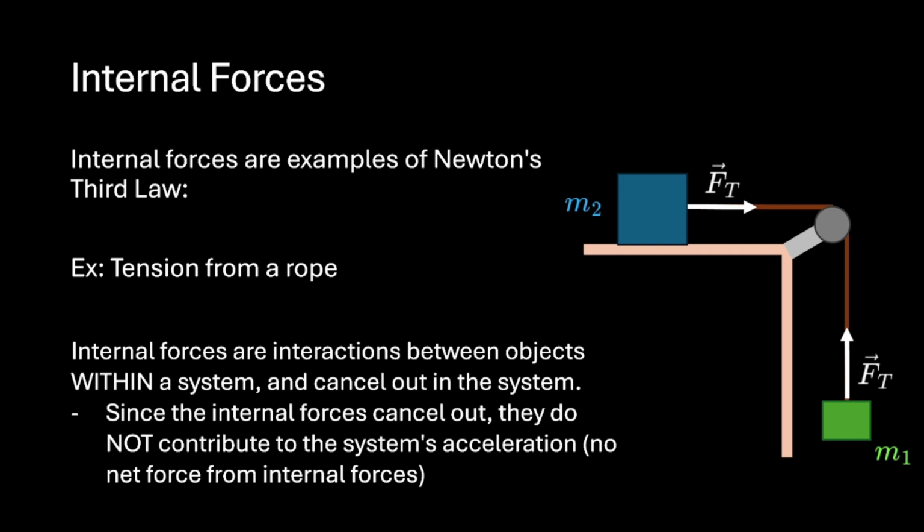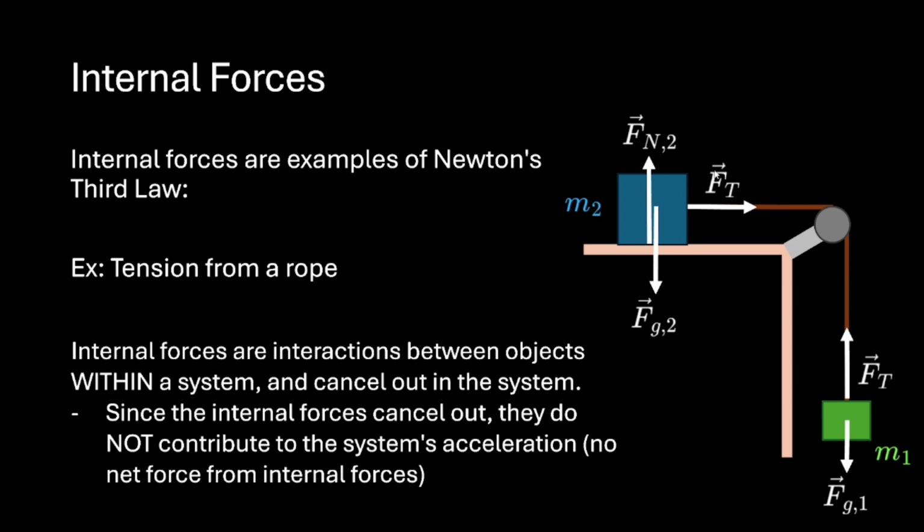Let's say we have the blue block as mass 2 and the green block as mass 1. Let's analyze the forces on these objects. On mass 1 we have the force of gravity, and on mass 2 we have the force of gravity and the normal force. If we consider the forces acting on the system, the only net force is caused by the force of tension, as the normal force on block 2 and the force of gravity on block 2 cancel out.